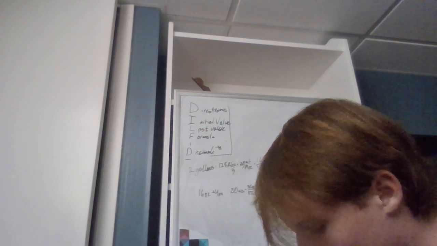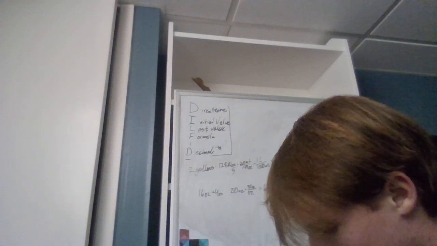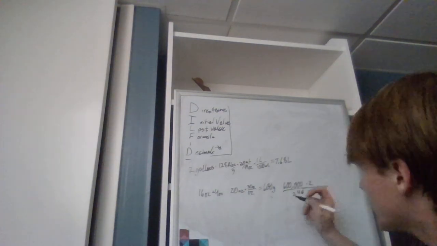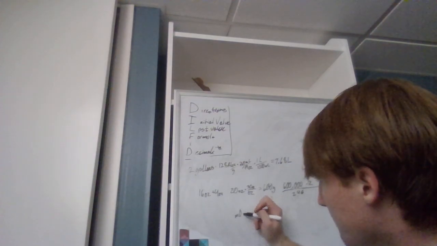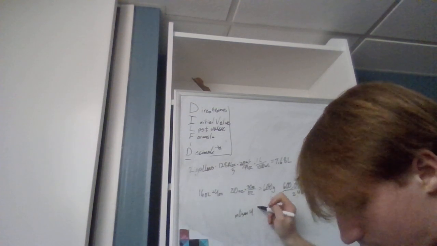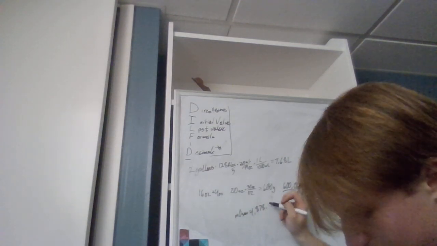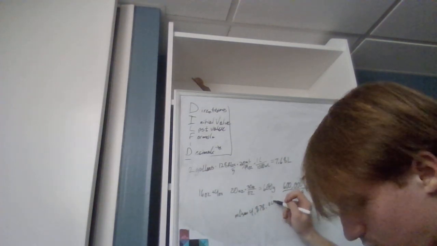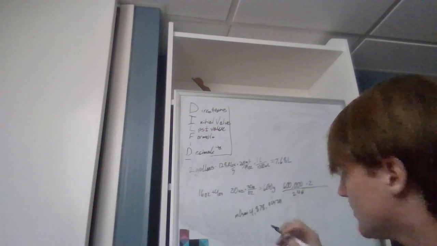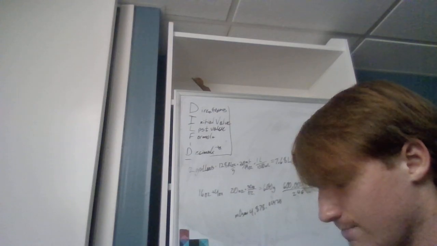600,000 times 2 is 1.2 million divided by 246 molecular weight gets us a milliosmol count of 4,878.0487.